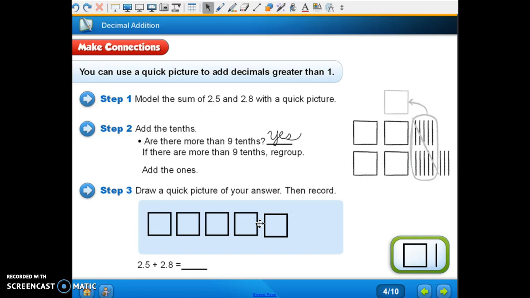Once your ones blocks are drawn, you're going to go ahead and take in these 3/10 that did not regroup. So now we have how many wholes? 1, 2, 3, 4, 5. 5 ones. Don't forget your decimal. And we have 3/10.